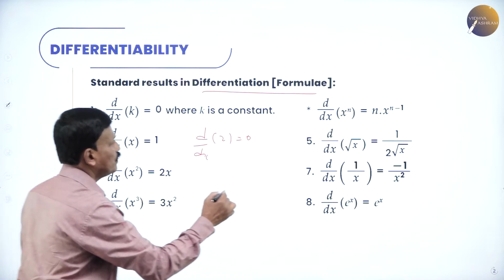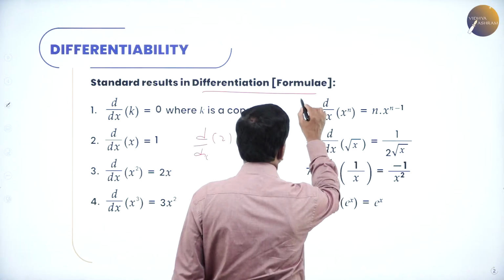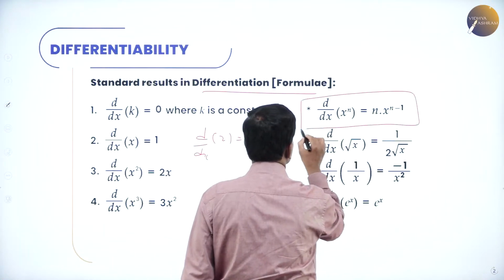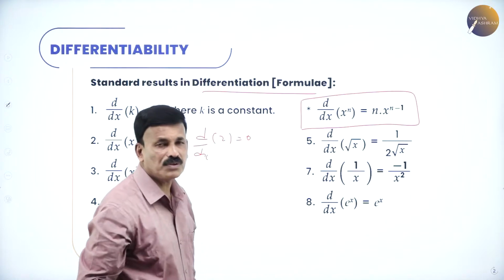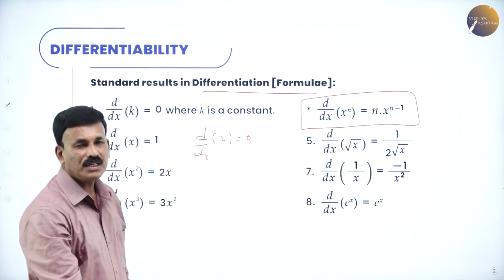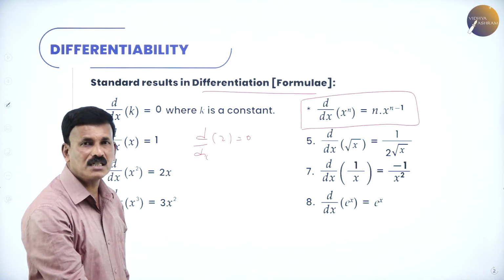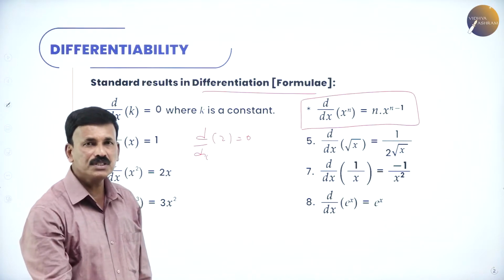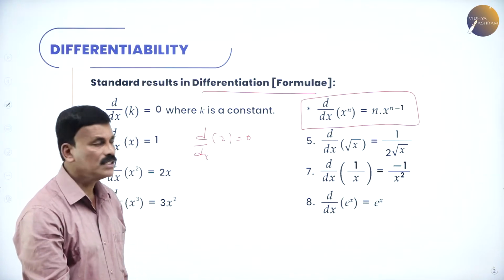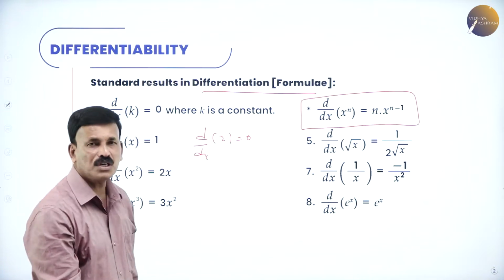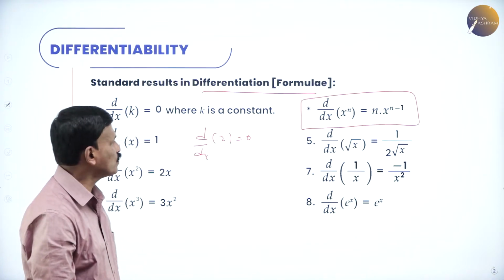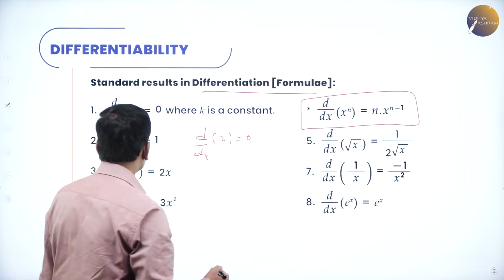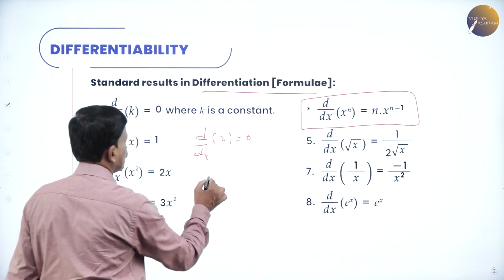The very important formula which you have studied is d by dx of x to the power of n is nx to the power of n minus 1, where n is any integer or rational number. It may be a positive integer, negative integer, or a fraction. For example, let us consider d by dx of x.